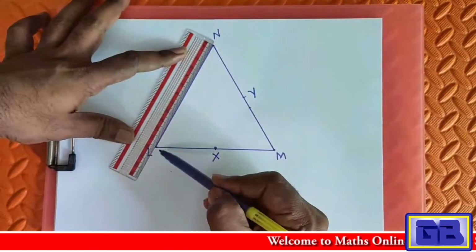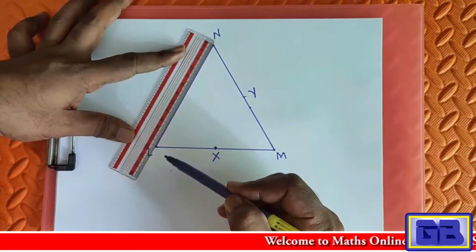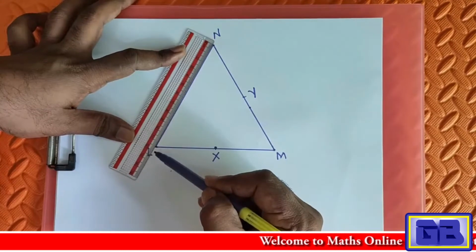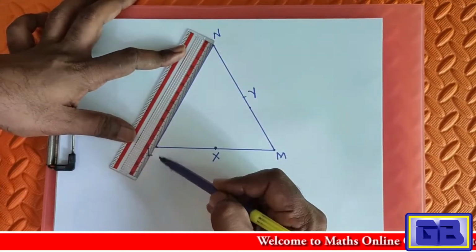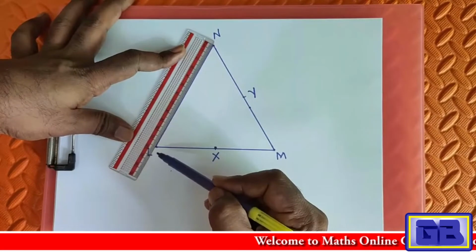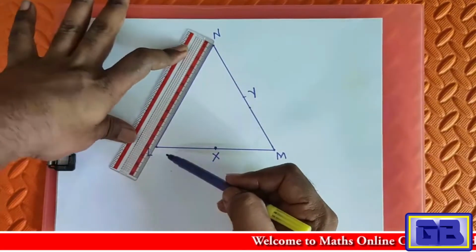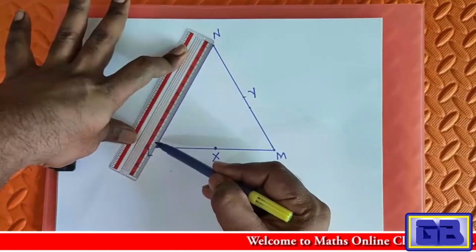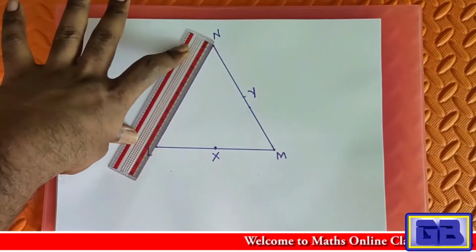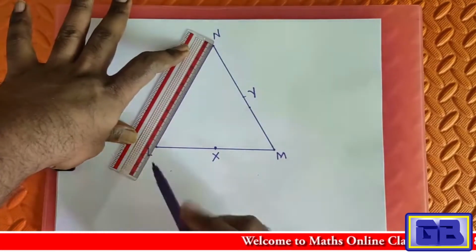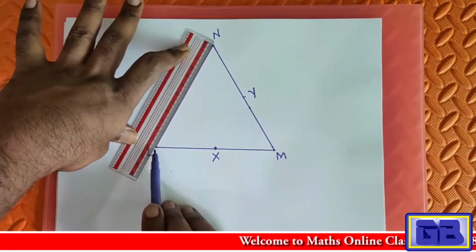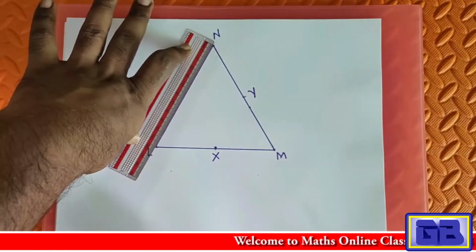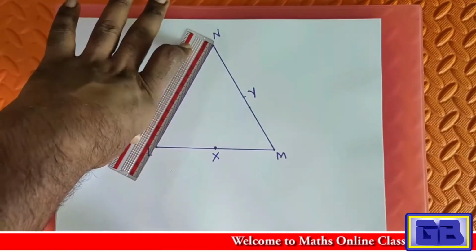This distance is coming 11.6 or so. I will consider 11.6. So it will be convenient to take a midpoint. Half of 11 is 5.5. Half of 0.6 is 0.3. So 5.5 plus 0.3.